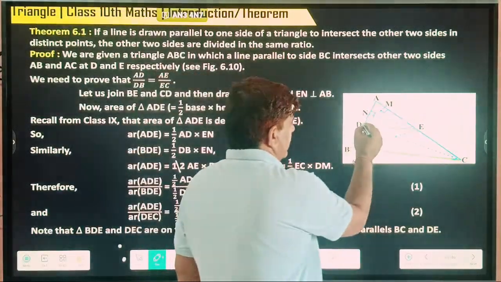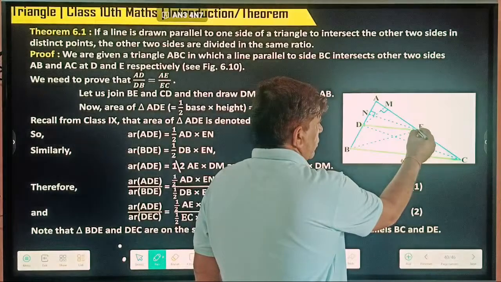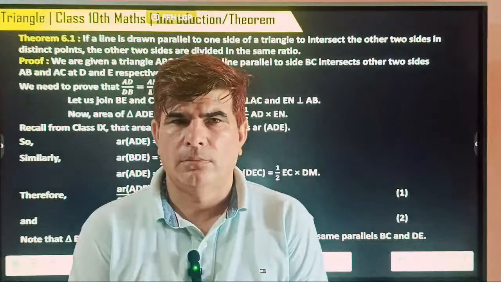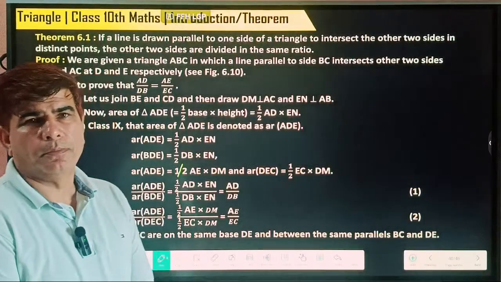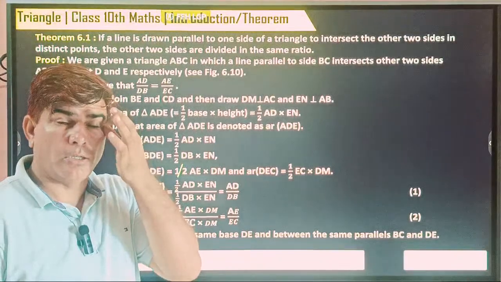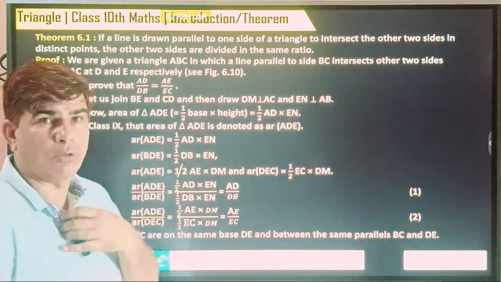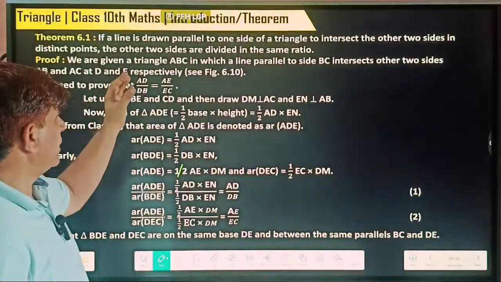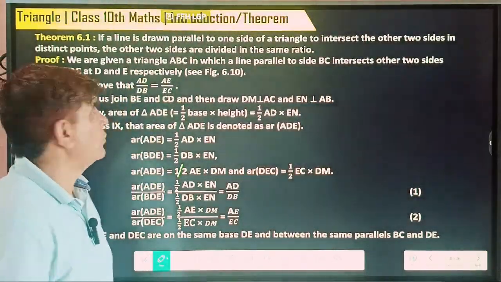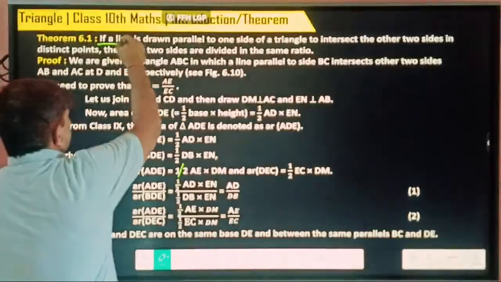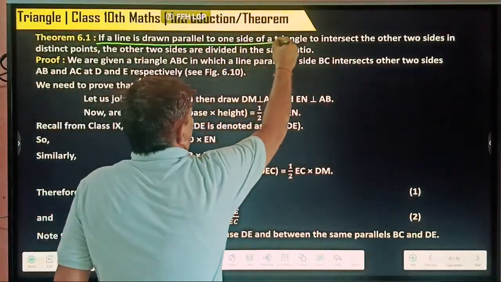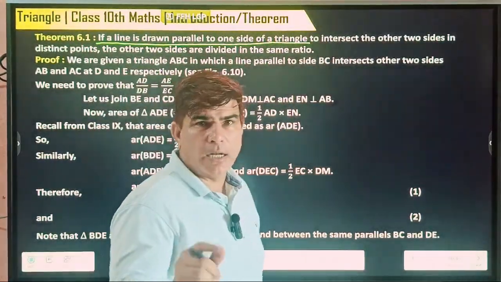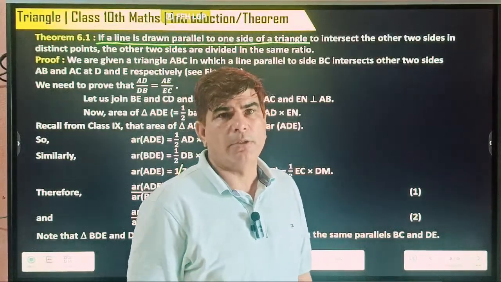The first point is here, and another point is this. So DE is parallel to BC. This is the BPT theorem, basic proportionality theorem, or we can say Thales theorem. First try to understand this part, till here. If a line is drawn, line means line segment.